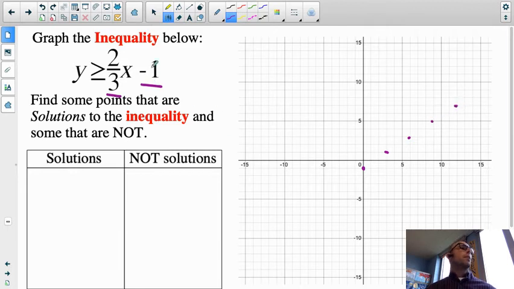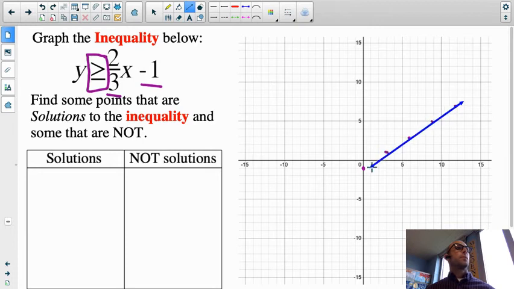There we go. And I'm going to draw a line in there. Now I'm going to pay attention to my inequality symbol, and it does include the equal sign, so I can do a solid line here. So I'm going to go ahead and do that, like so. So there's my solid line. That's my boundary, and this goes forever both directions.